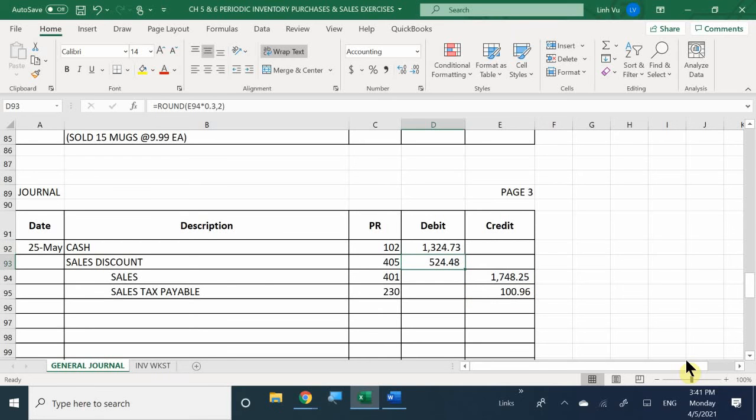So here we're looking at the discounted amount plus the tax. Or if you know that debits equal credits, that's also going to help you figure out this value. Remember, we're taking a discount. So this 1748 is not what we're going to receive. We're going to receive lower than that because we offered a discount. Okay? So that is perfect.